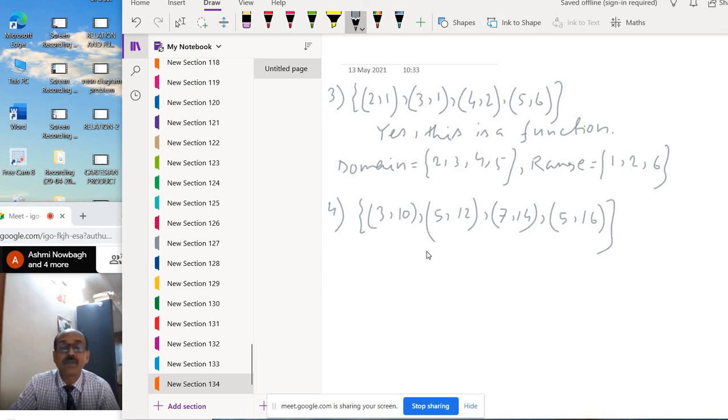Now check, is this relation a function or not? The relation is (3, 10), (5, 12), (7, 14), and (5, 16).